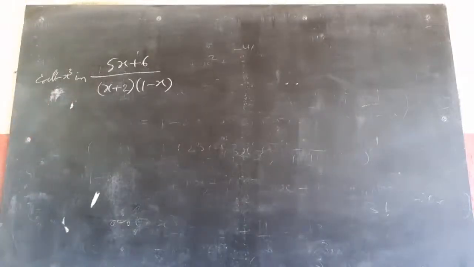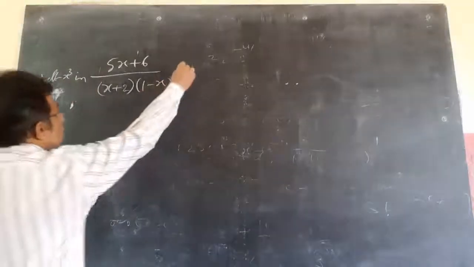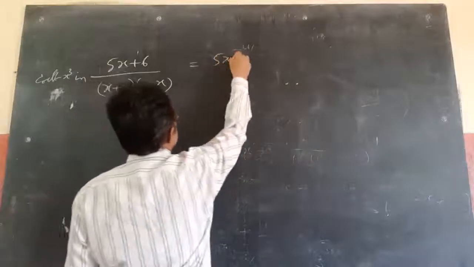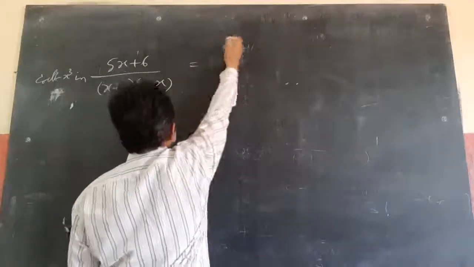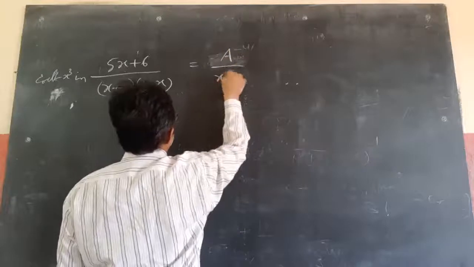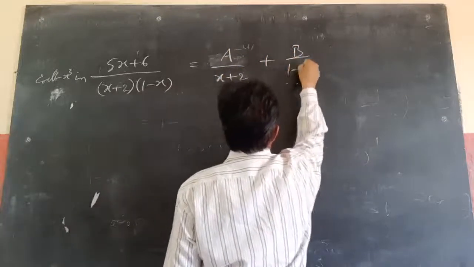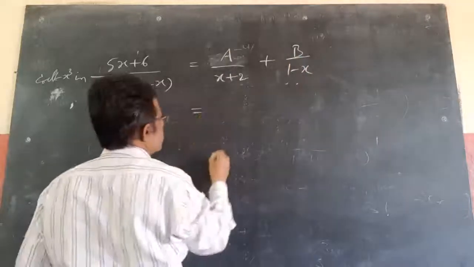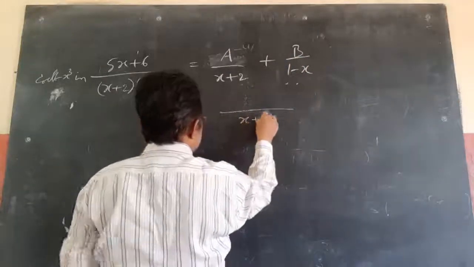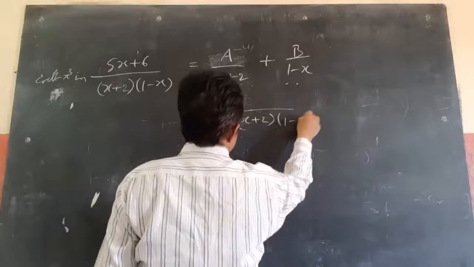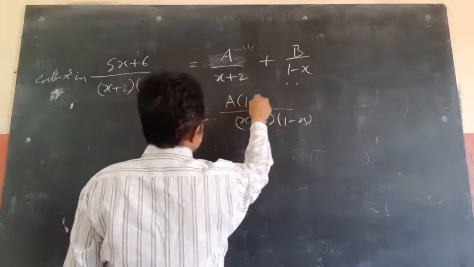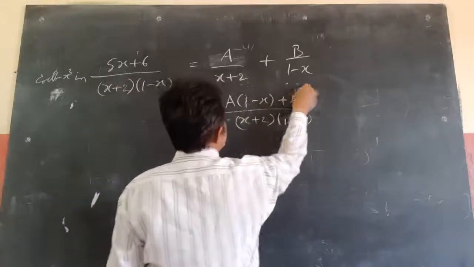This can be written as (5x plus 6) by (x plus 2)(1 minus x) equal to a by (x plus 2) plus b by (1 minus x). The LCM is (x plus 2)(1 minus x), so a into (1 minus x) plus b into (x plus 2).